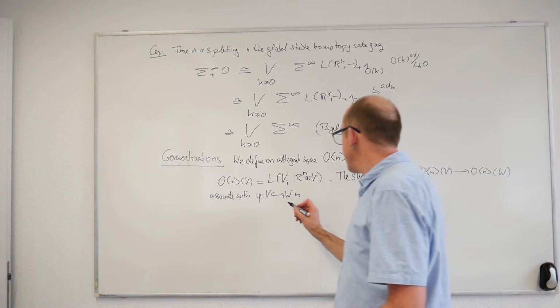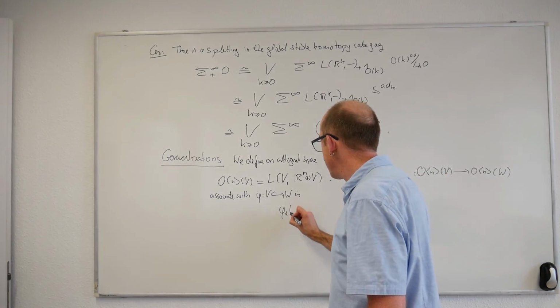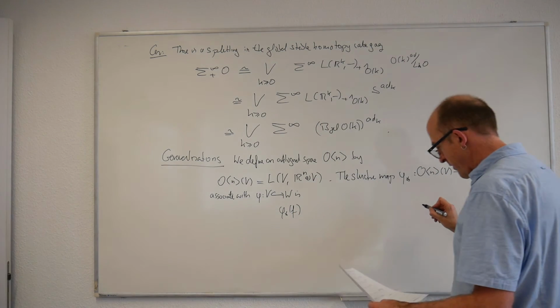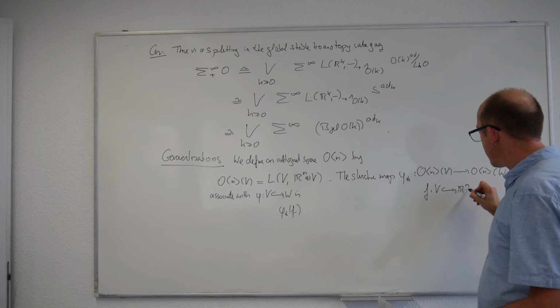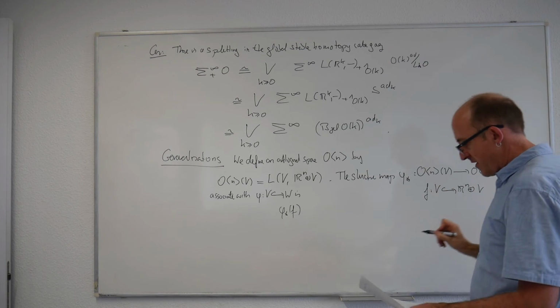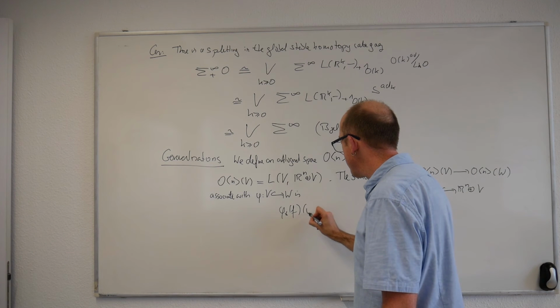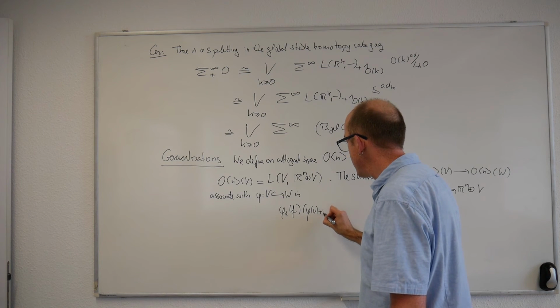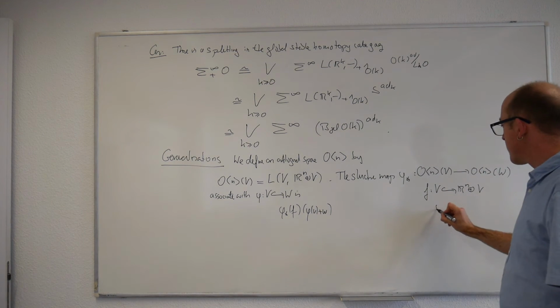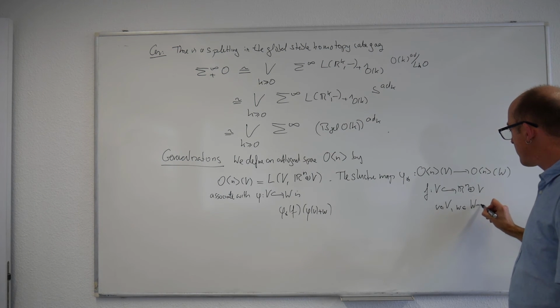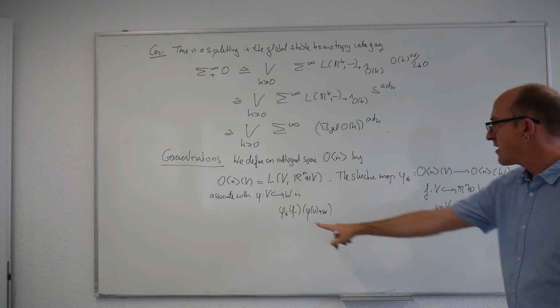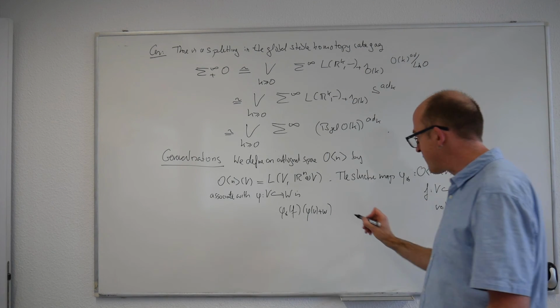So in formulas, this is given as follows: phi lower star of f, where f is a linear isometric embedding from V into R^n plus V, applied to a vector of the form phi of v plus w, where v is any vector in V, and w is in the orthogonal complement of the image of phi, so then any vector can be uniquely written in this form.